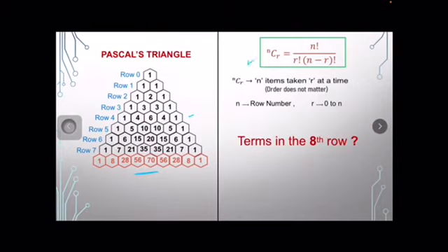When you calculate by the combination, you can easily find the values of the 8th row, right? Compared to adding the 8th row here, this will be easy to calculate the next row's values of Pascal's triangle. Clear?